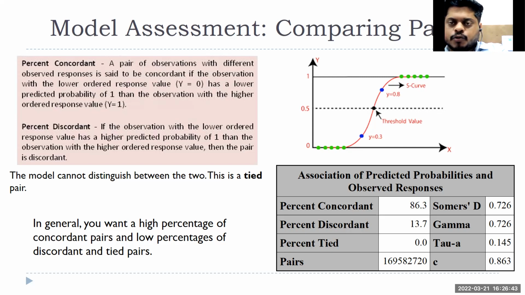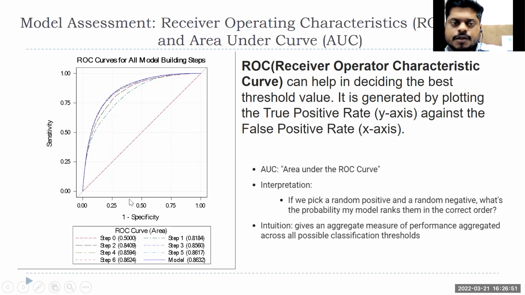It has a direct relationship with the receiver operating characteristic, or area under the curve, right? The area which it shows is nothing but the percentage of concordant pairs. Am I able to fix a threshold which will show this?